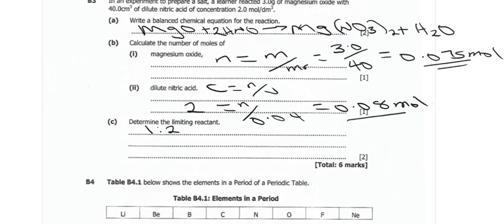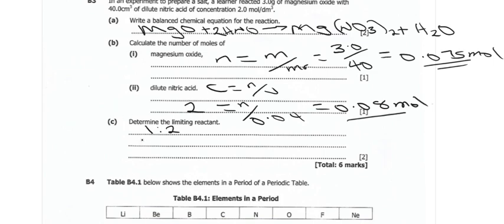That's to mean we need 2 moles of nitric acid to react with 1 mole of magnesium oxide. Okay, now let's see. So for magnesium oxide it was 0.075, and for this we say we need 2 moles of nitric acid to react with this one.